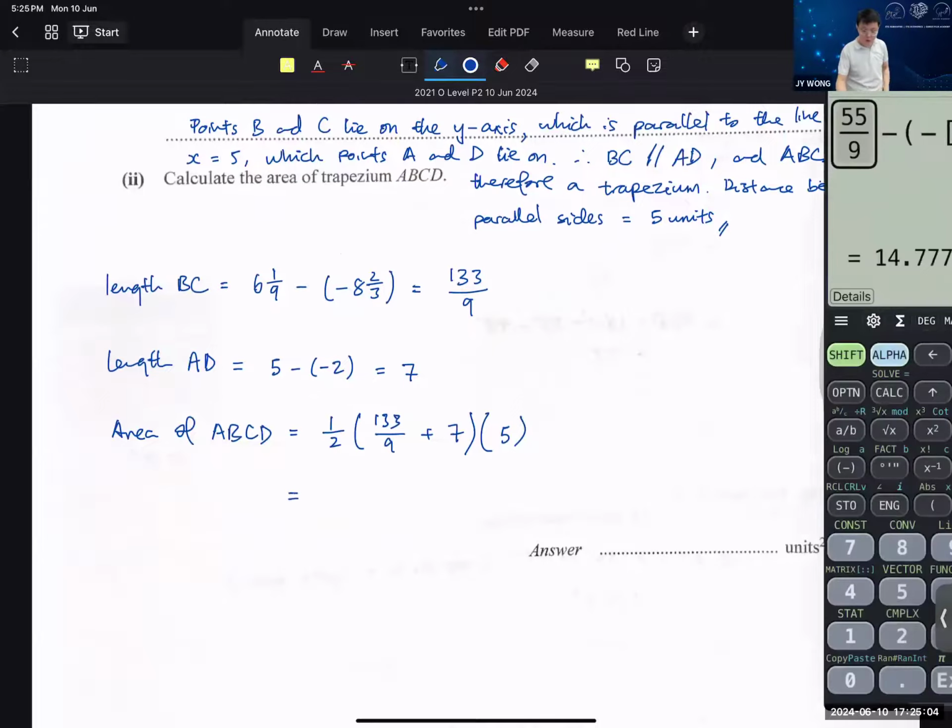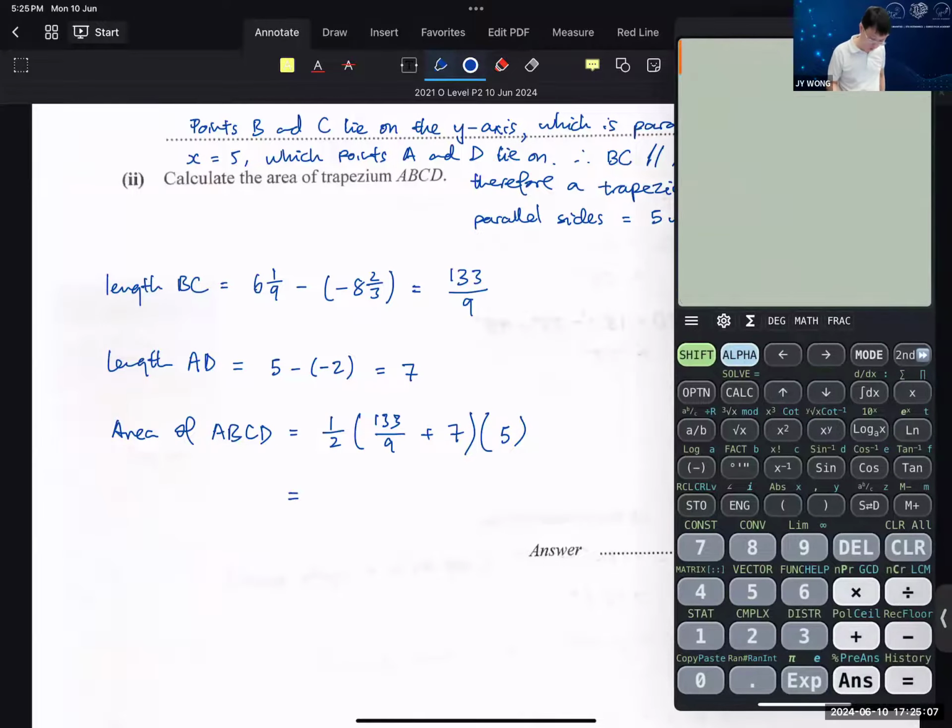So I guess that explains where all your marks went. They give you extra marks for part 2, which obviously is not worth 4 marks. Okay, so your area, in this case, you should leave as a mixed number.